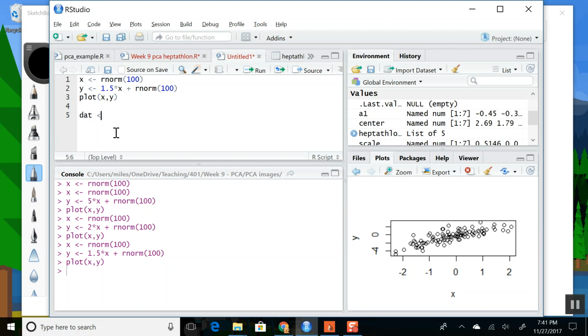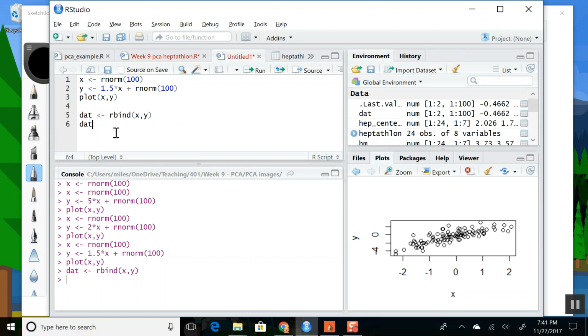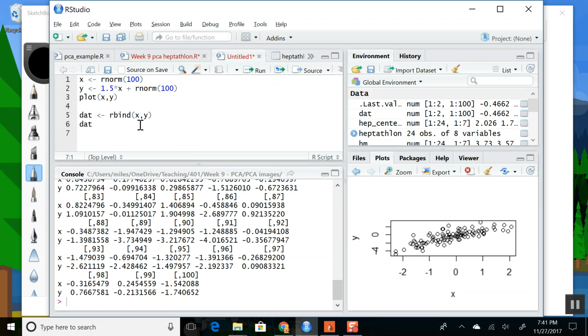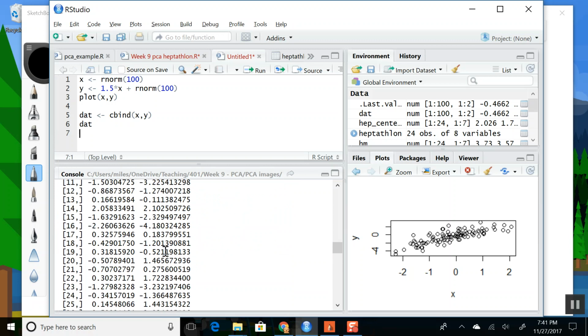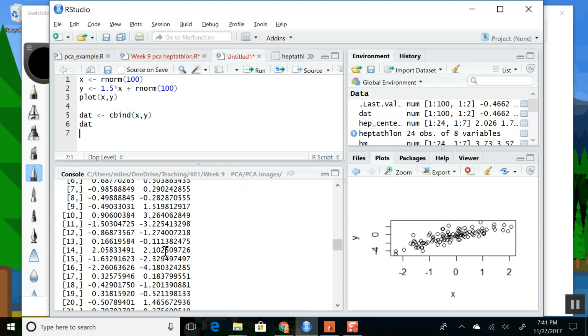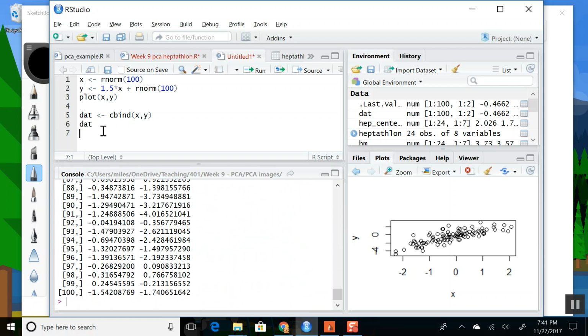So our data is in C-bind. So our data is 2 dimensions, 2 columns, 100 rows.